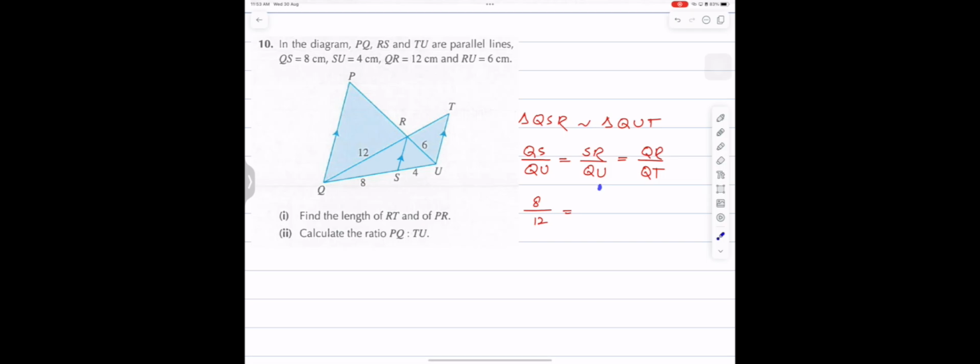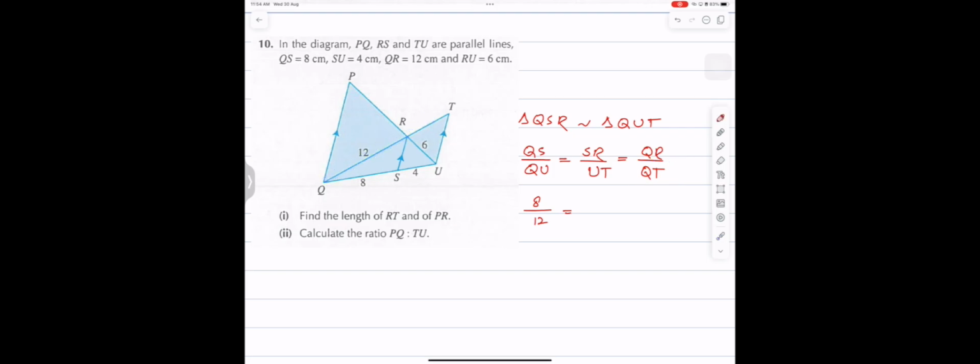This should be, it should be UT. So SR over UT is unknown. You don't need to put anything. It is equal to QR over QT.